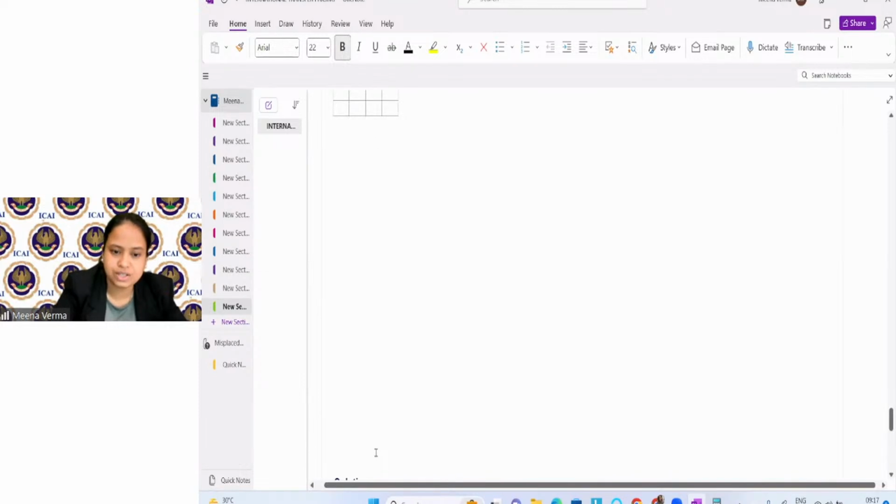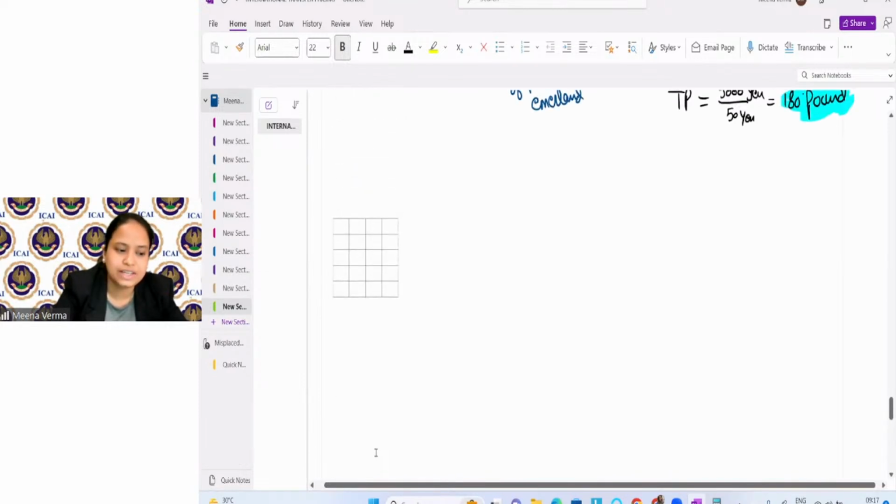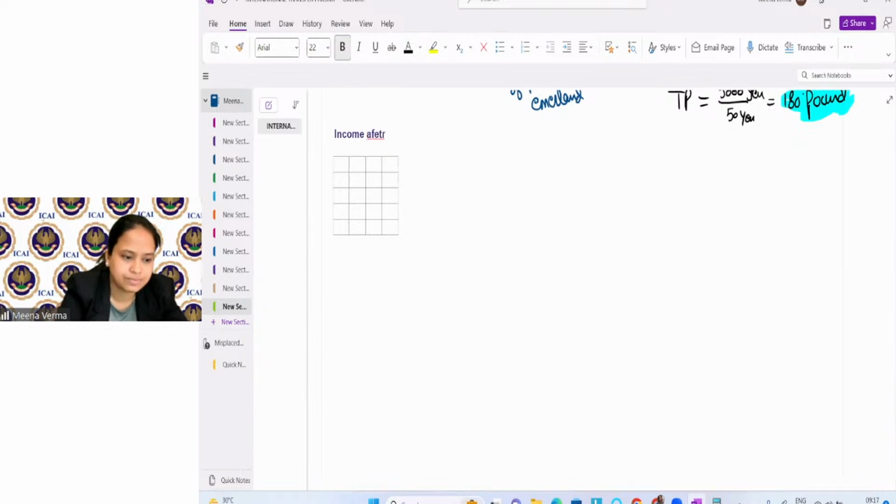So I'm just preparing the table and let's find out the income of both the divisions. Income after tax for both the divisions, and overall also, right?